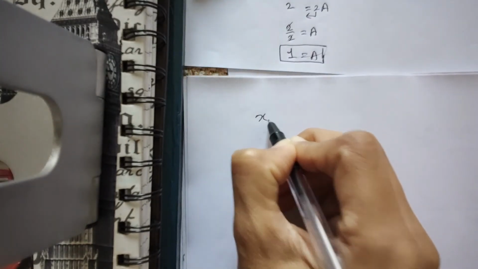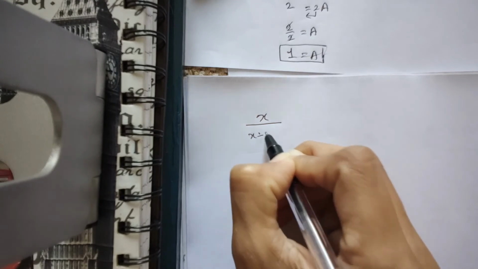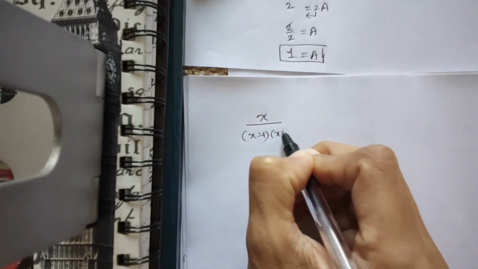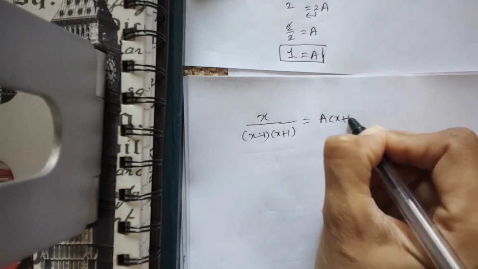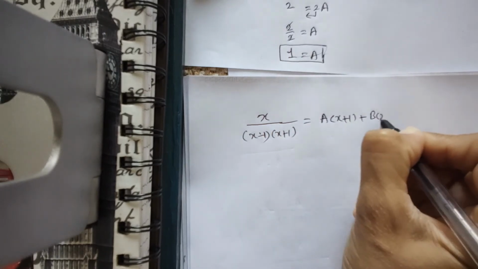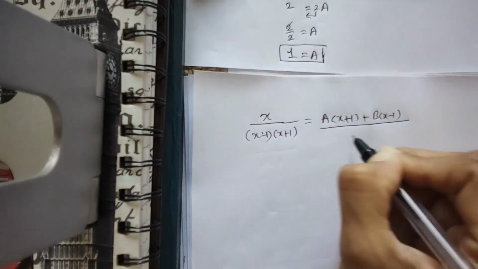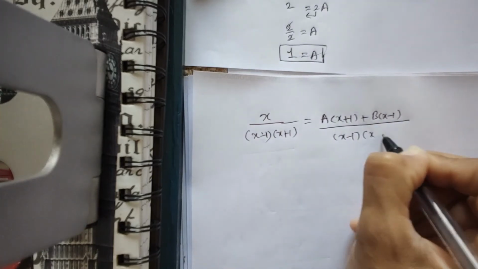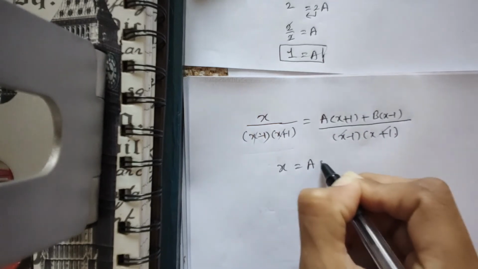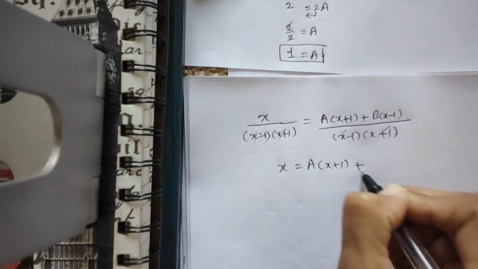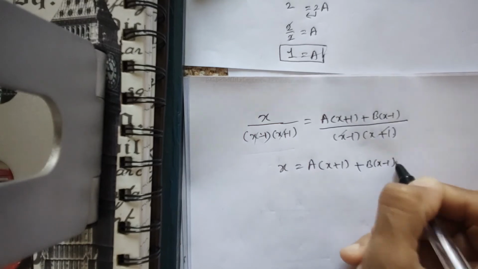So what we'll have here, x upon x minus 1 into x plus 1 equal to a into x plus 1 plus b into x minus 1 upon x minus 1 into x plus 1. This gets cancelled. So x equal to a into x plus 1 plus b into x minus 1.